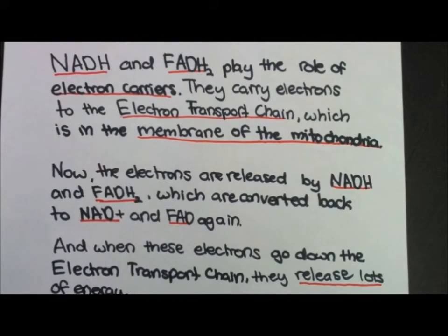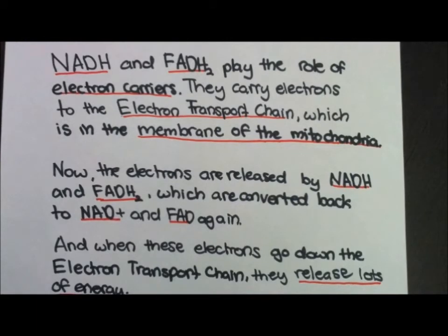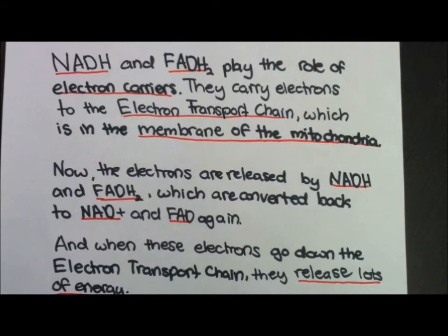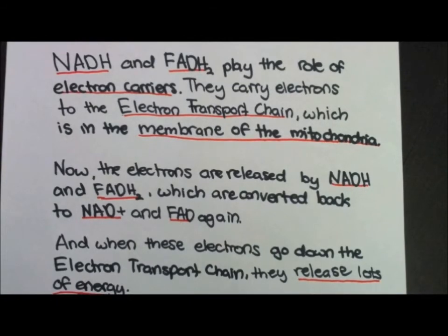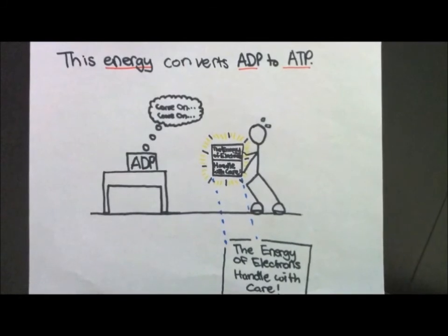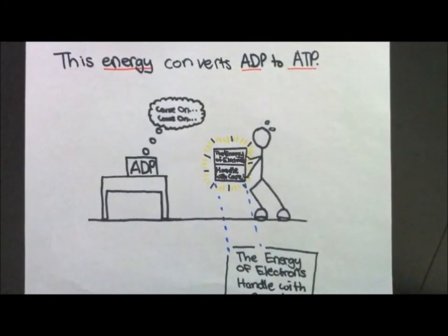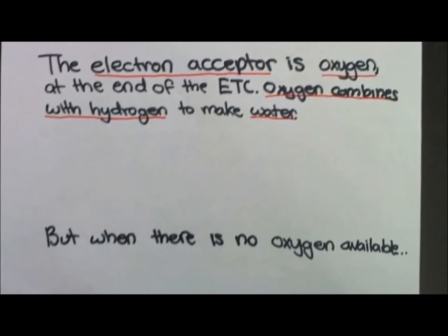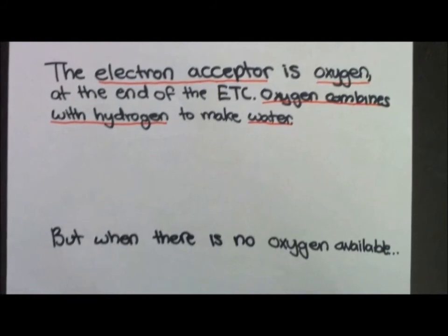The electrons are released by NADH and FADH2, which become NAD+ and FAD again. And when these electrons go down the electron transport chain, they release lots of energy, which converts ADP to ATP. The electron acceptor at the end of the ETC is oxygen. Oxygen combines with hydrogen to form water.